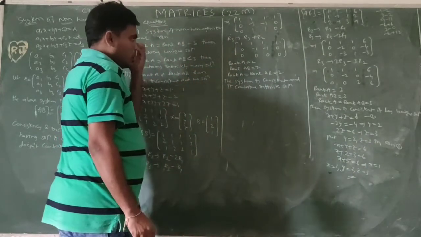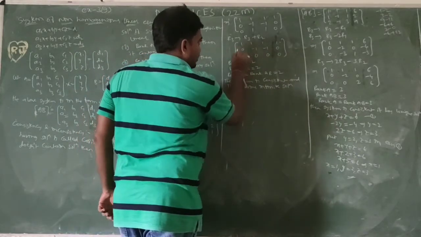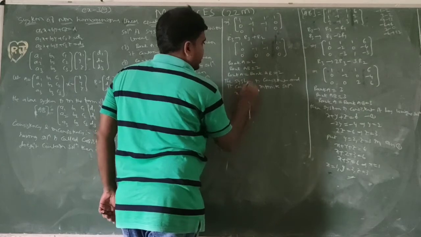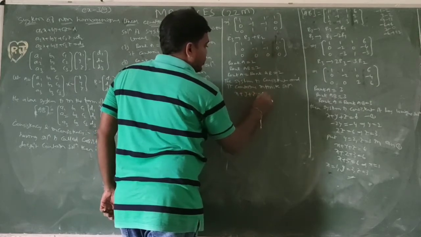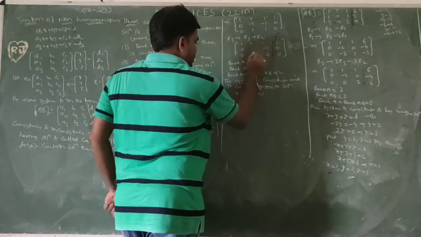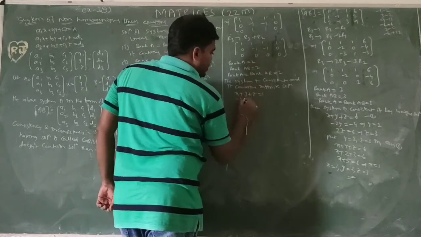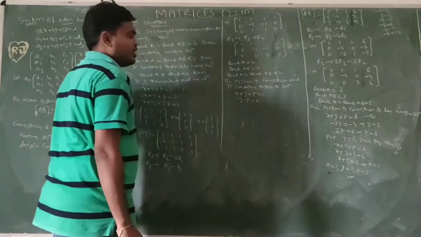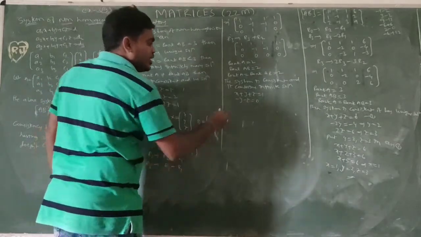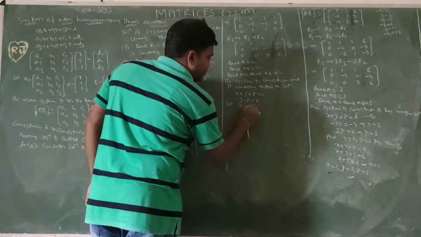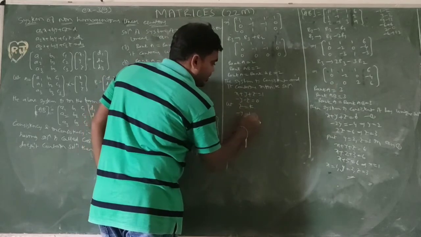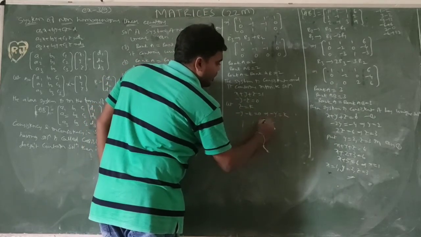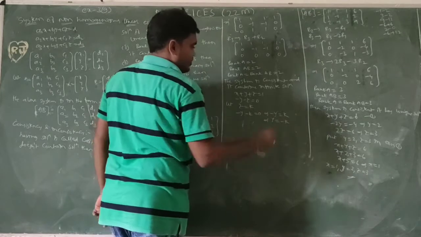Okay, now coming to the problem. x plus y plus z equal to 1. 0x minus y minus z equal to 0. This row is entirely 0, no need to write. So infinite solutions, let z equal to k. Minus y minus k equals 0 implies minus y equals k, so y equals minus k.